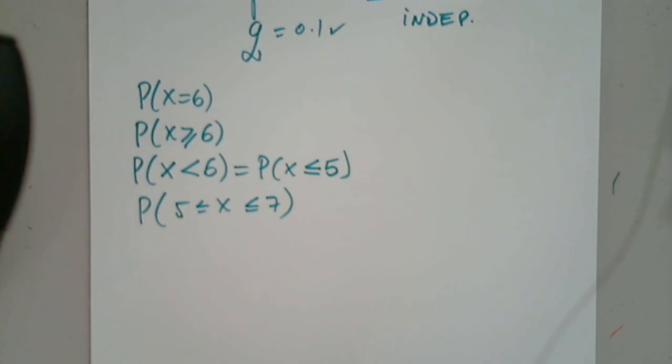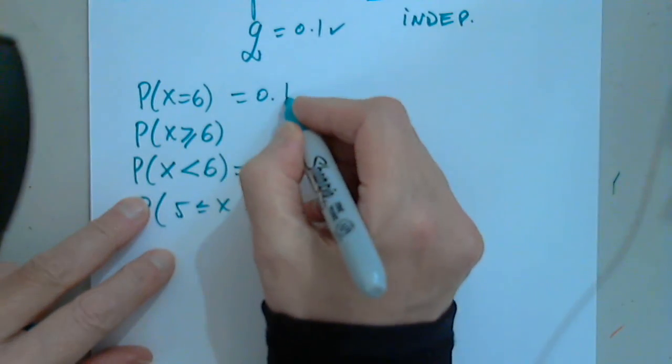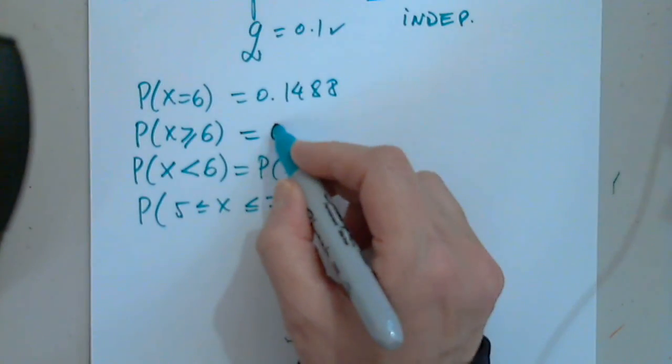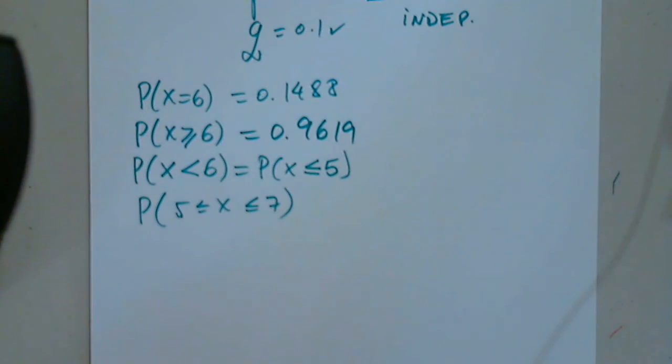First, I want 6, and the probability 0.9. So I get 0.1488. Greater than or equal to 6: as you see, that probability is 0.9619.